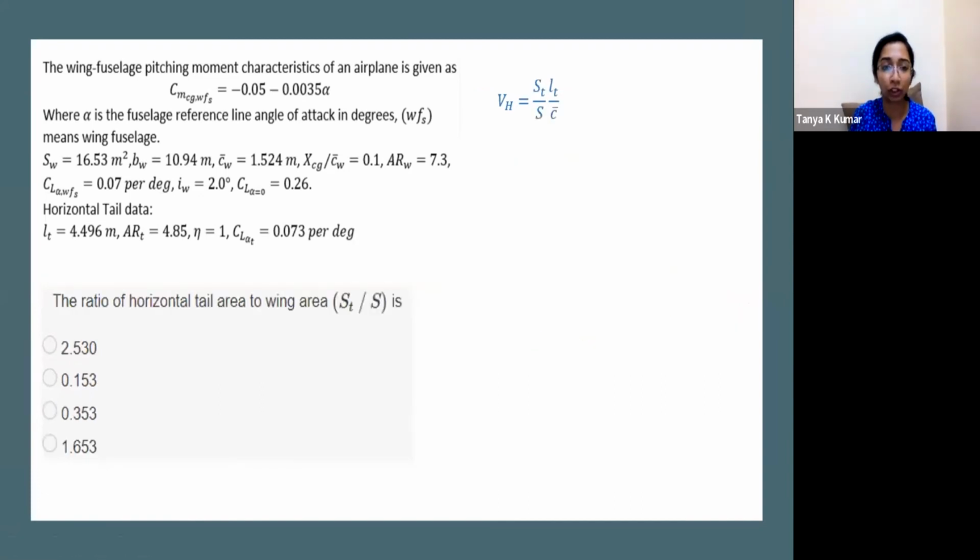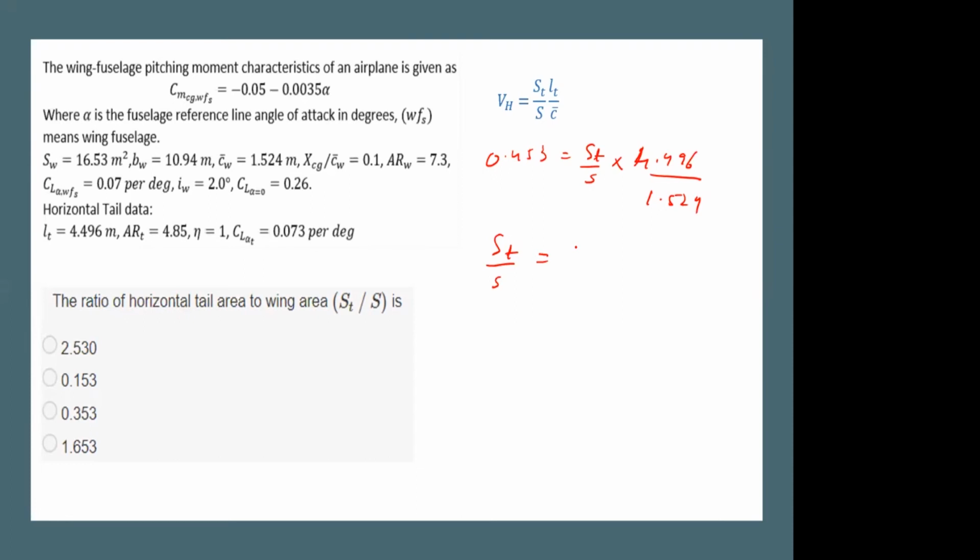Next question is, what is the ratio of horizontal tail area to wing area? We'll use the equation that we have been using. So VH we know as 0.453, which is ST upon S into LT, given as 4.496, by the mean chord of the wing. What is the ST upon S value? Can somebody calculate and tell me the answer?